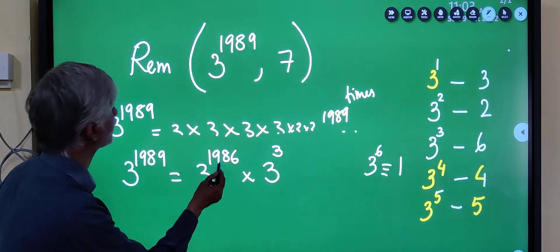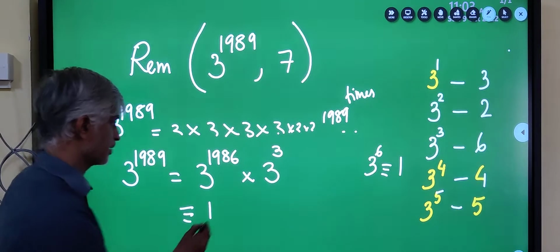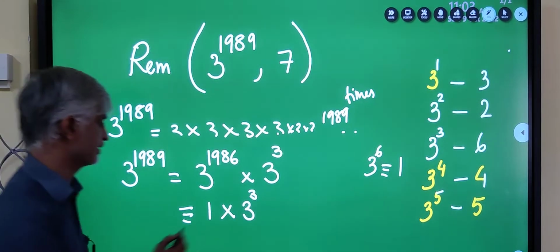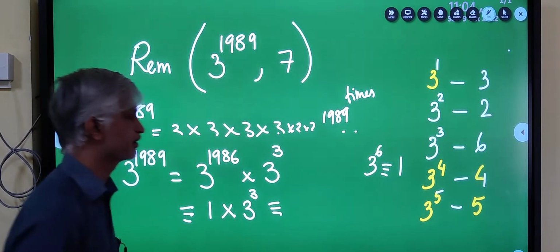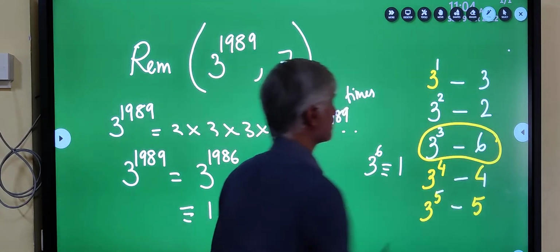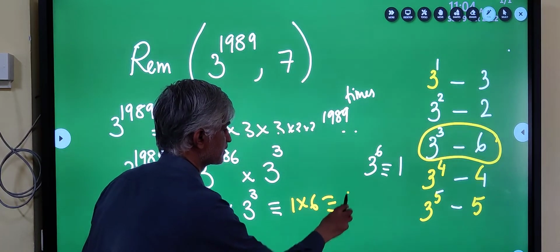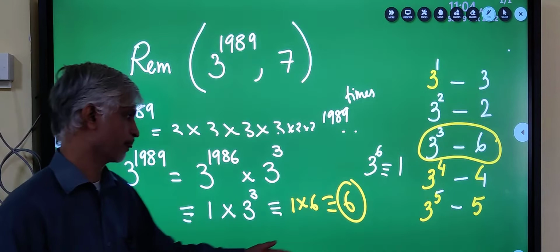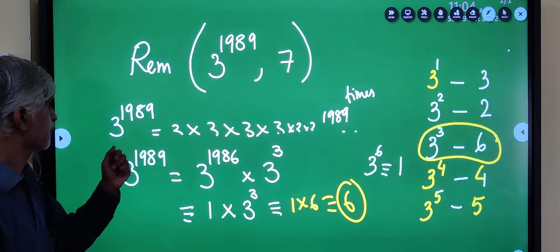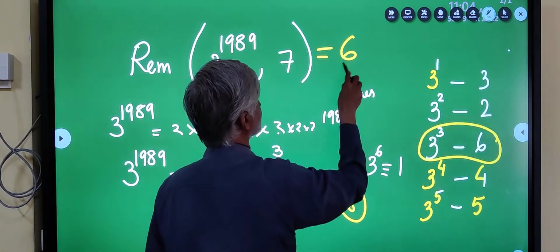So when you divide by 7, this leaves a remainder of 1 multiplied by the remainder of 3 cube when you divide by 7, and this, you can look up the table here. The remainder of 3 cube when you divide by 7 is 6, and the end answer therefore is 6. So the remainder of 3 raised to 1989 when you divide by 7 is therefore equal to 6.